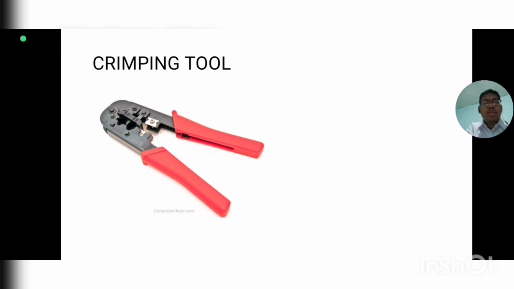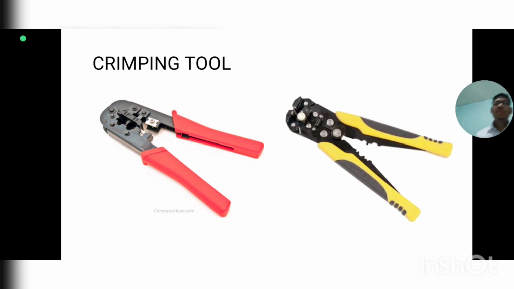So what is the use of a crimping tool? Okay, it attaches our connector to our cable. Very good. Other? What picture is this? Yes, William.